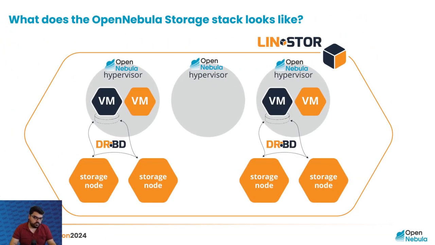Obviously, the other approach is the disaggregated storage. What you have here is storage nodes separated from the compute nodes, and all of the VMs are in diskless mode. Diskless mode means the replicated DRBD drives are shown in the compute nodes with the help of the LINSTOR satellite. The LINSTOR satellite creates these DRBD diskless drives within those compute nodes, and they are reading and writing locally, but it's actually on the remote storage nodes.